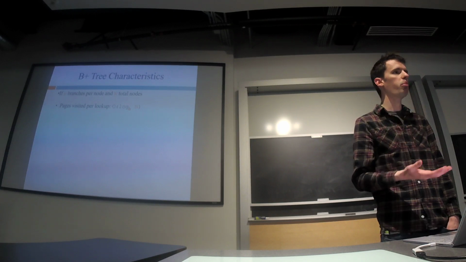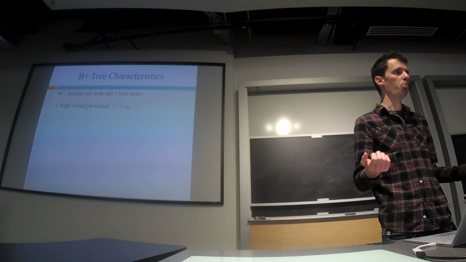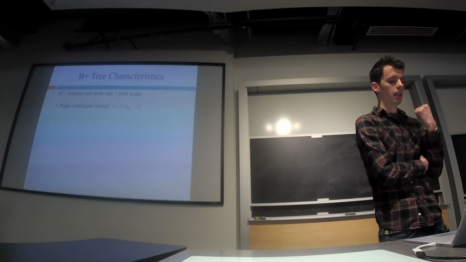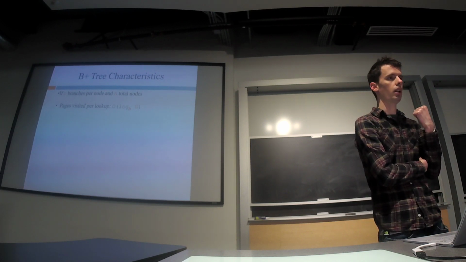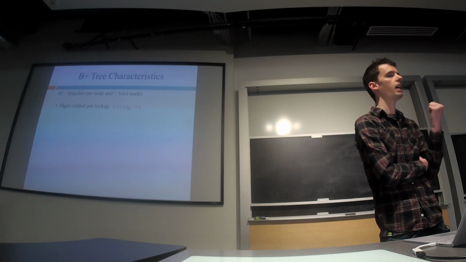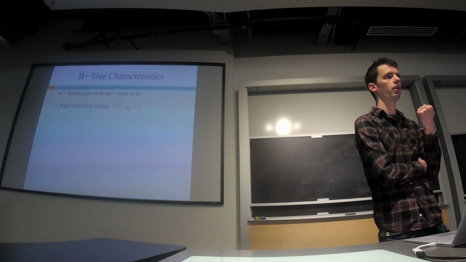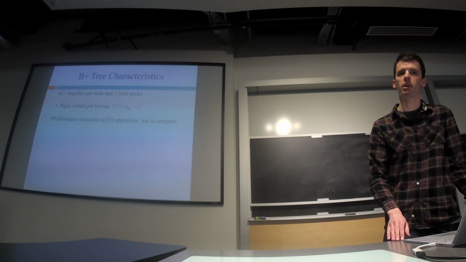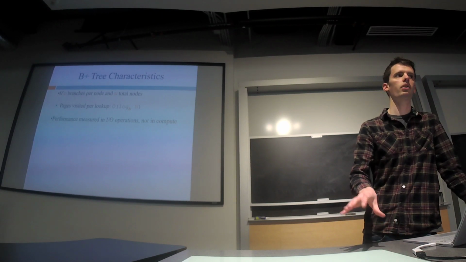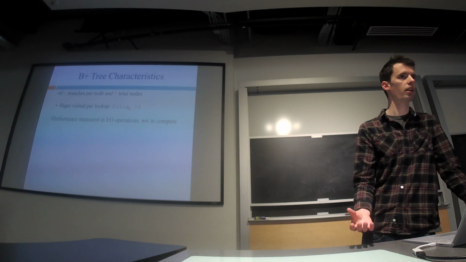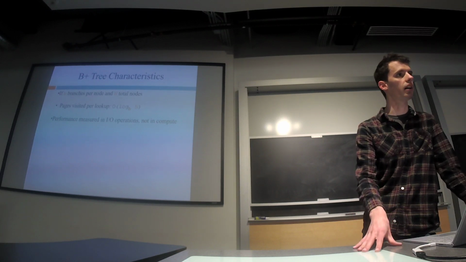Say I have B branches per node, so my branching factor is B, and I have n total nodes. That means I have log base B of n total pages visited for any lookup. When I say we're analyzing this for performance, remember that we're concerned with I/O operations. We're not really concerned with algorithmic complexity, which is still going to be fine for the most part.